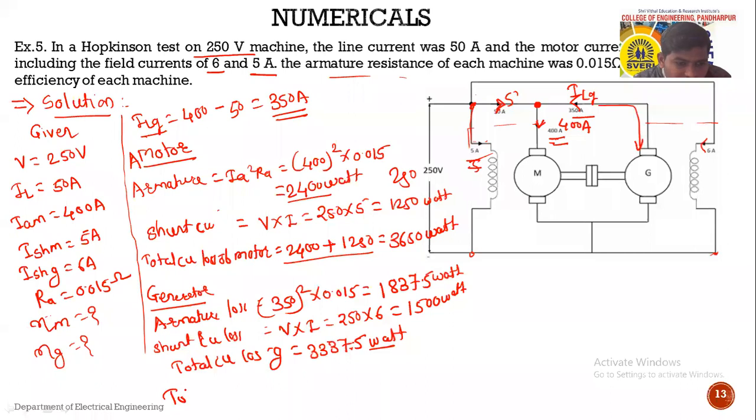Now calculate the total copper loss of set, that is motor generator set. Motor generator set चे copper losses calculate करा. या दोन्हीचे addition 3650 plus 3337.5. किती आहे ती व्हॅल्यू?